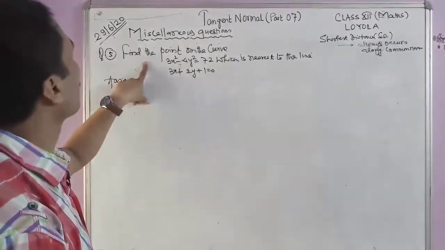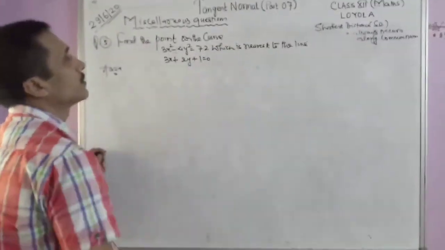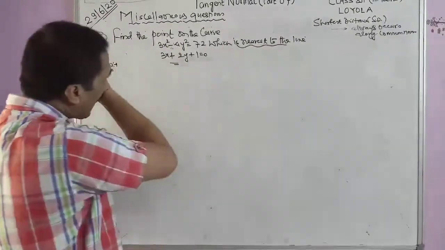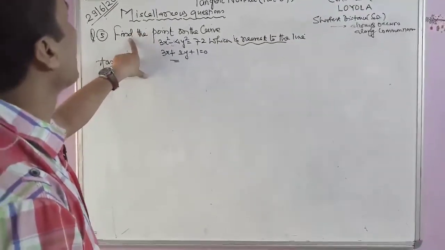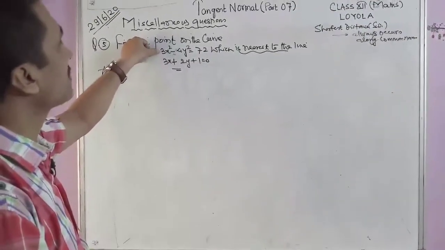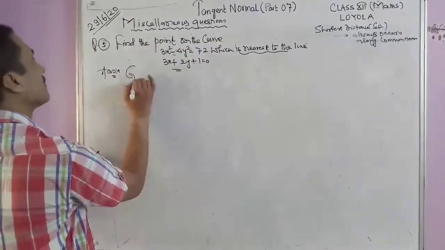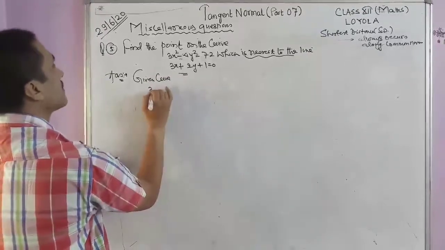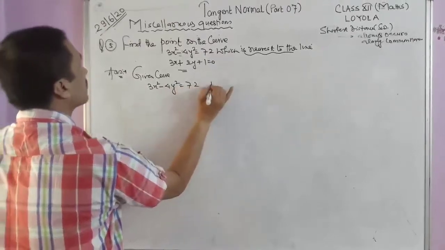The next question is, find the point on the curve 3x square minus 4y square equal to 72 which is nearest to the line. Like the previous question, we have to find the point on this curve which is at the shortest distance from the given line. The given curve is 3x square minus 4y square equal to 72.